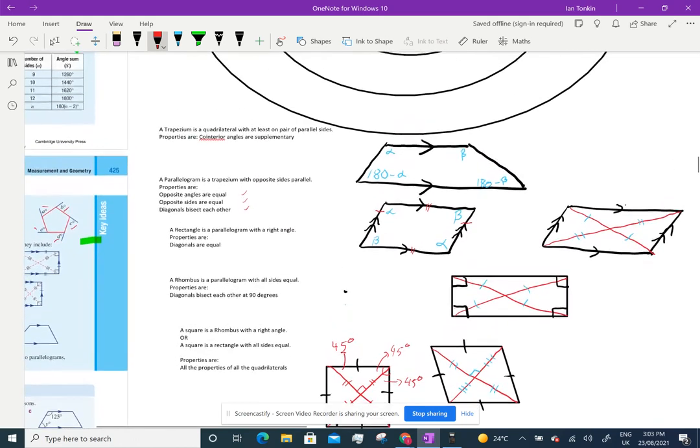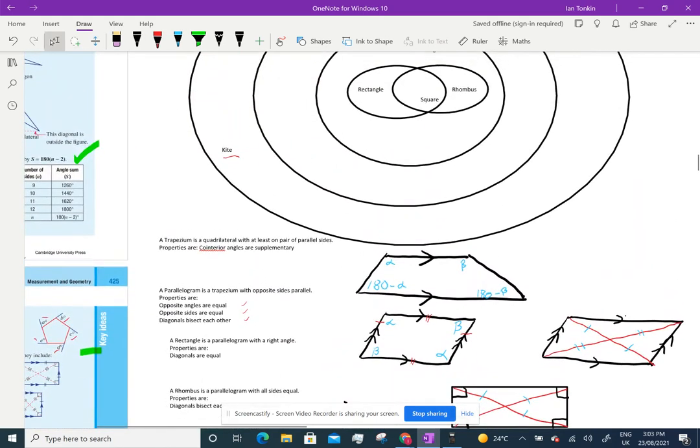Finally, what we need to do, we need to have our formulas for area. So the area equals, in a trapezium, a half times h bracket a plus b, where a and b are the parallel sides. What about a parallelogram?